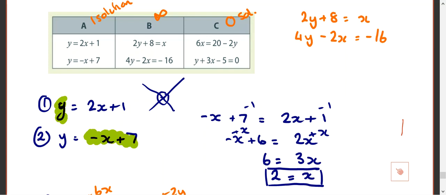So number 1, as David said, subtract the x, subtract the 8, I get 2y minus x equals negative 8. And if I times it by 2, I get 4y, negative 2x, minus 16. So that's the same line.